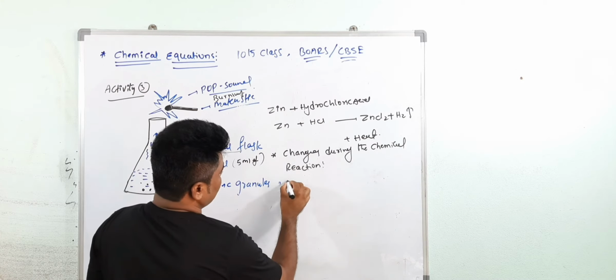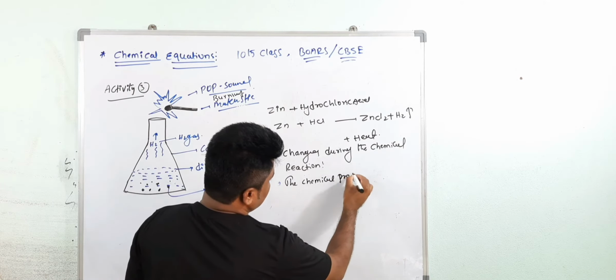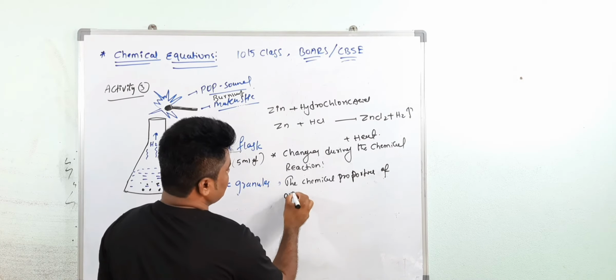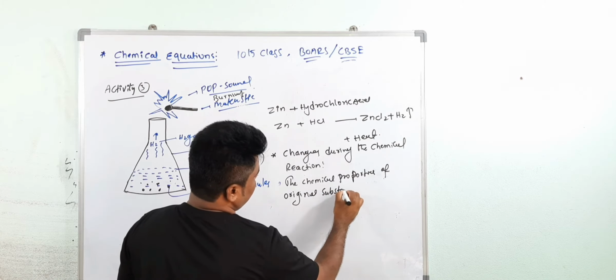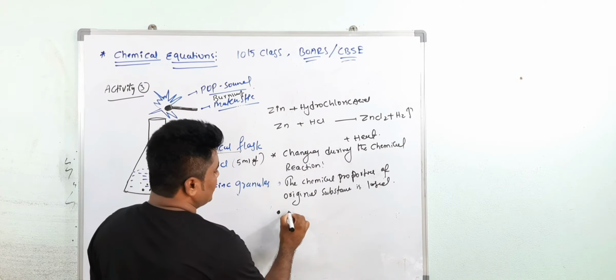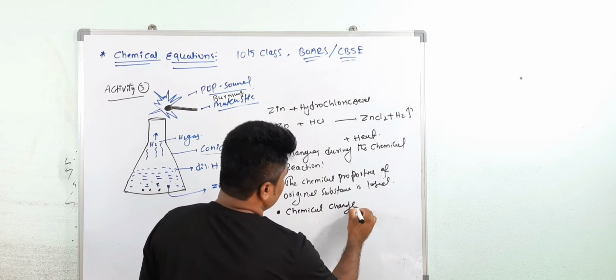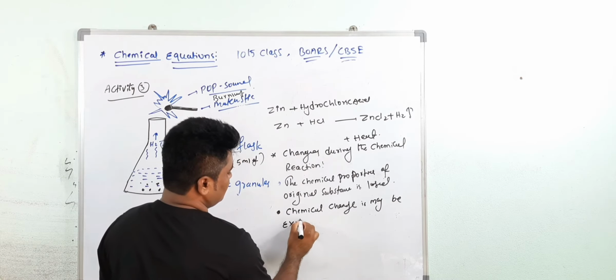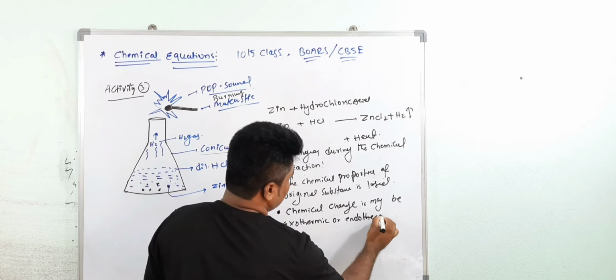the chemical properties of the original substance are lost. A chemical change or chemical reaction may be exothermic or endothermic.